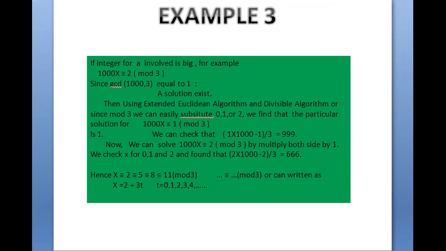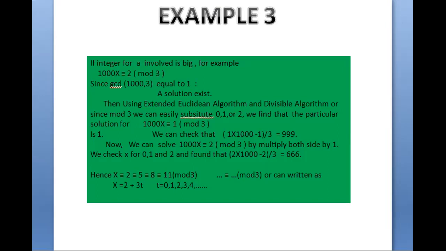Moving on to example 3. If the integer involved is big, for example, 1000x ≡ 2 (mod 3). The gcd(1000, 3) equals 1, so a solution exists.